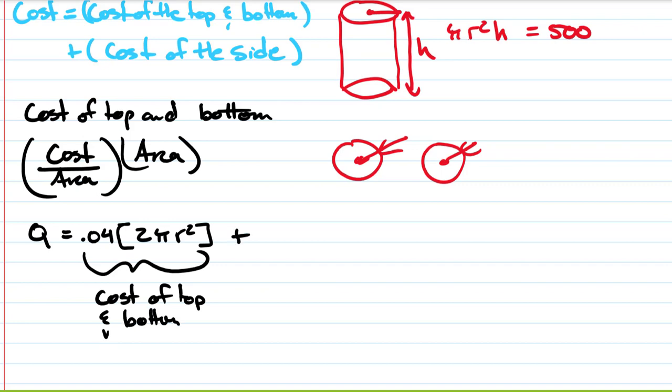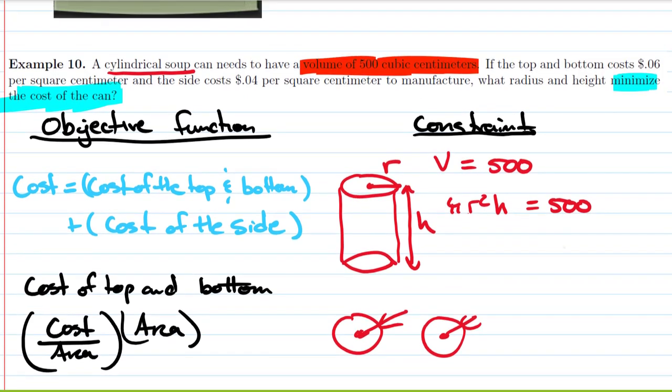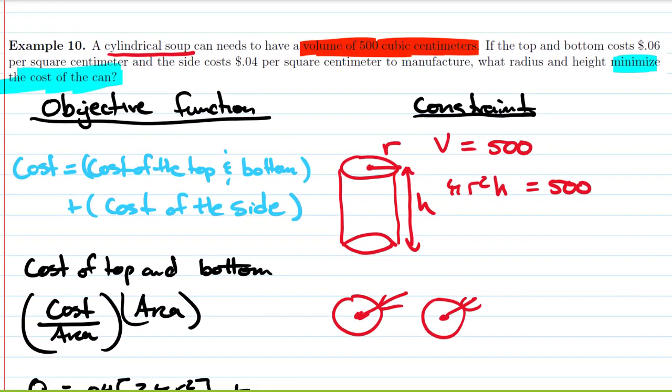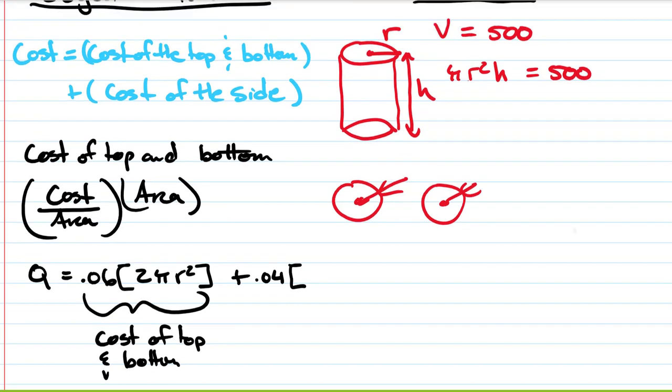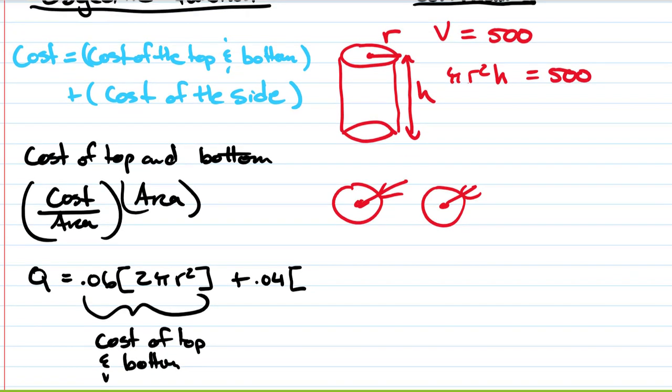Plus, we now need the cost of the side. Well, what is our cost for the side? Oh, I put the wrong cost in, didn't I? Cost of the top and the bottom is 6 cents per square centimeter. And then the cost of the side is 4 cents per square centimeter. But now we need to figure out, well, what's the area of the side going to be? Well, if we imagine we cut the top and the bottom off this can, then we're left with this cylinder.